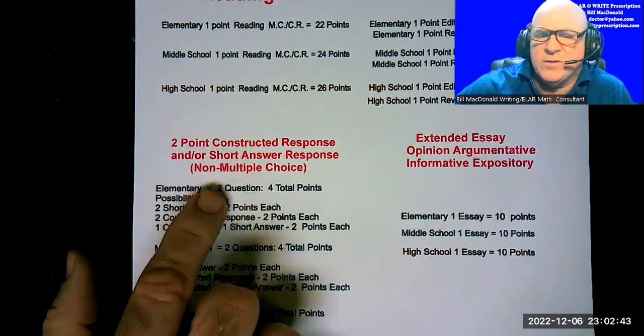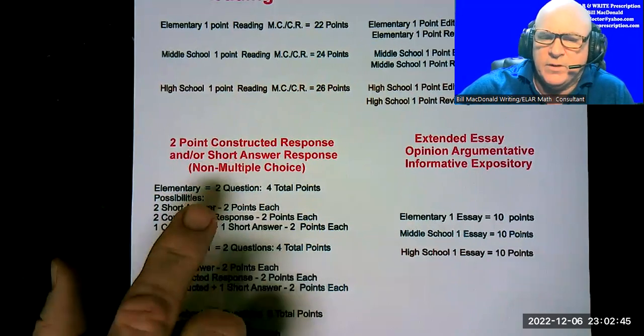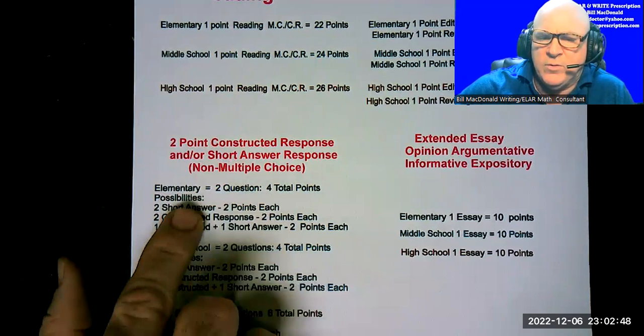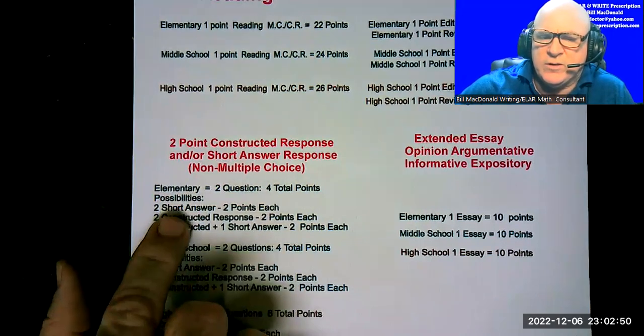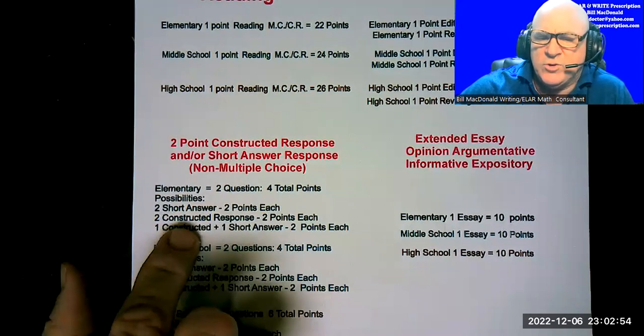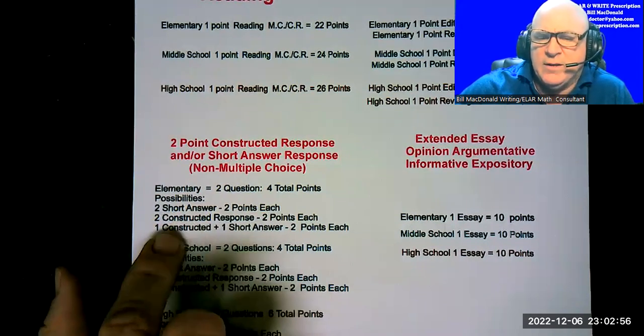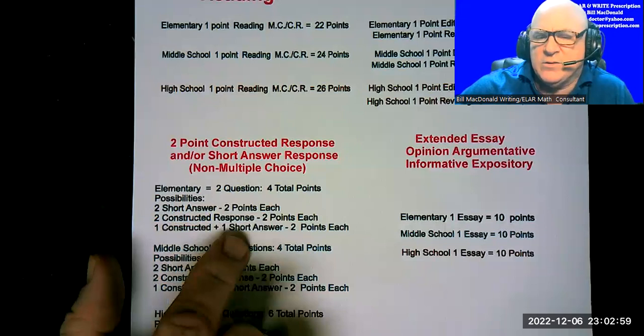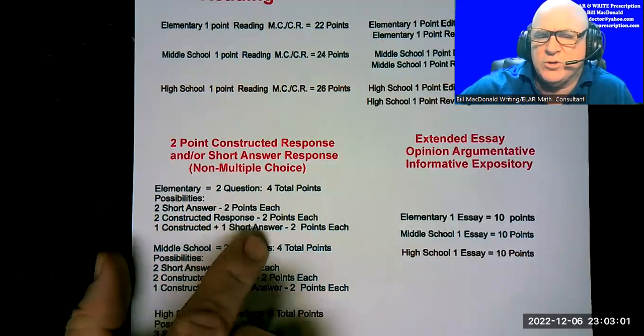So here's the possibilities. It could either be two short answer that are worth 2 points each, two constructed responses worth 2 points each, or one constructed and one short answer. Short answer meaning give me the answer and give the evidence, worth 2 points each.